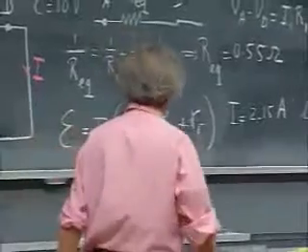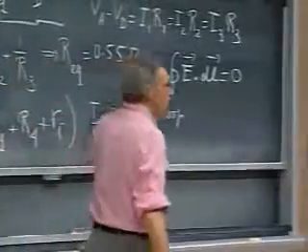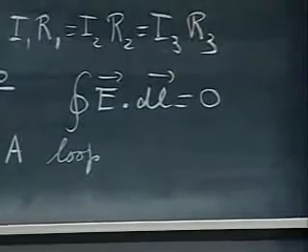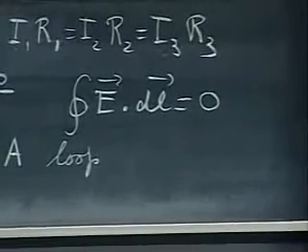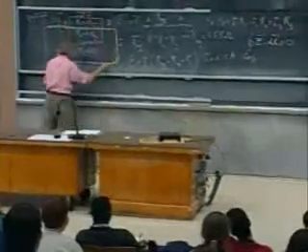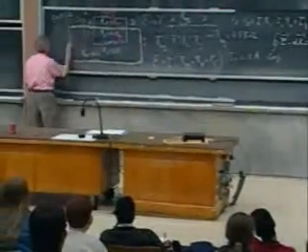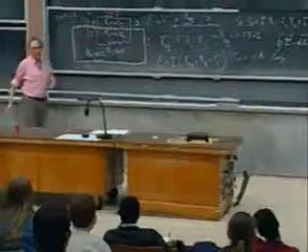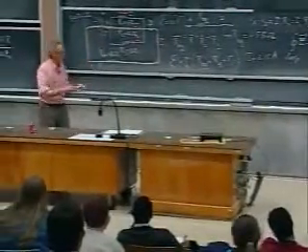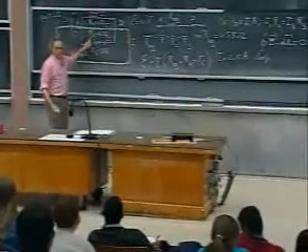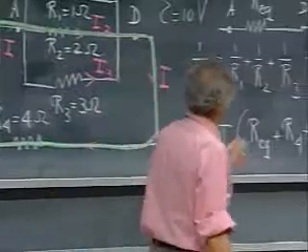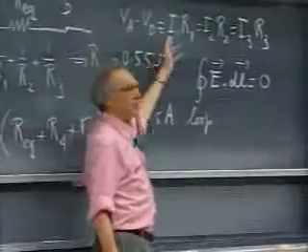I don't know why Kirchhoff got the credit for this, this was long known before him, but nevertheless it's called Kirchhoff's first rule. So I go a closed path, and this is the closed path that I have decided to take. That closed loop integral E dot dl must be 0. Any other path would also be 0. I chose the one through R2, because my goal is to find I2. Once I have I2, I1 and I3 follow immediately from this.